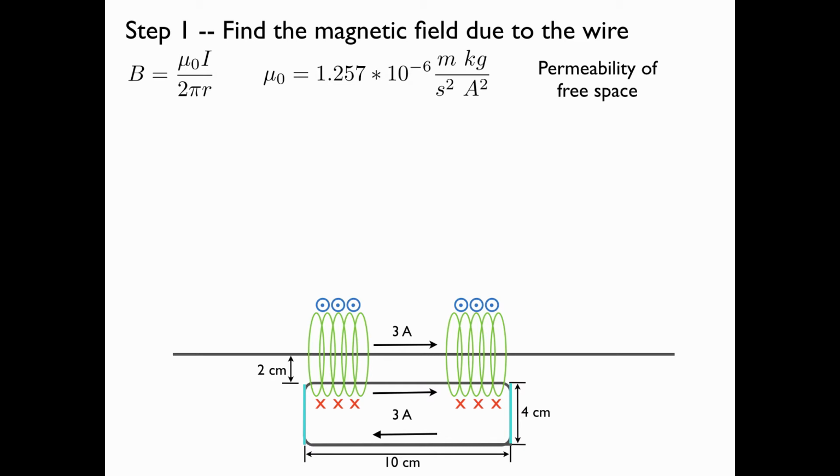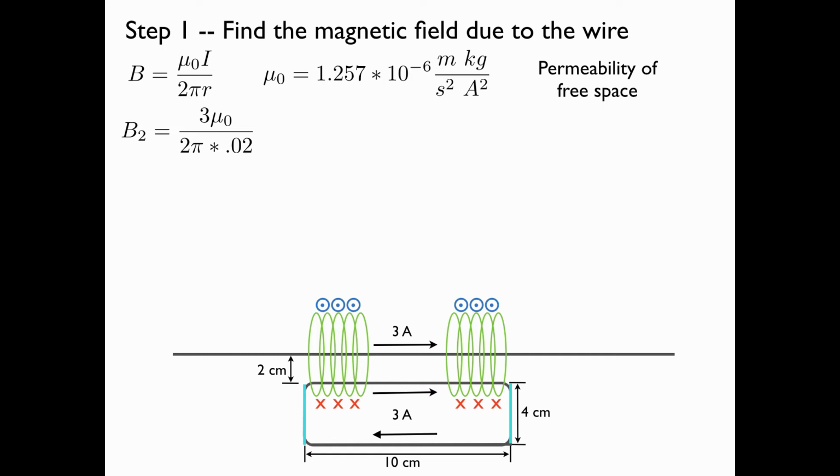However, the forces due to the sections which are parallel to the long wire do not cancel out. This is because one of them is closer and the other is far away, so they partially cancel, but they don't completely cancel. So first we'll find the magnetic field due to the portion of the loop which is 2 centimeters away, which here I call B sub 2.